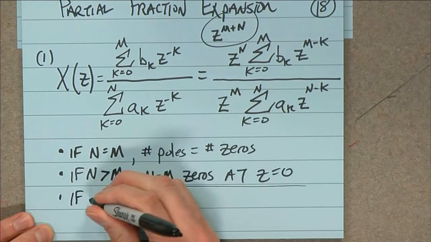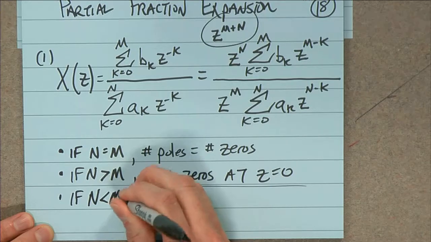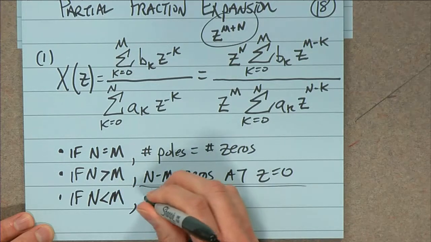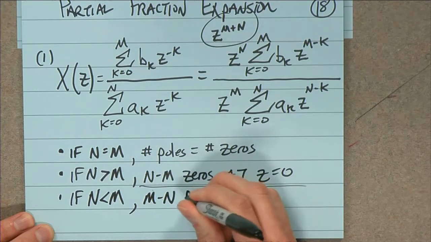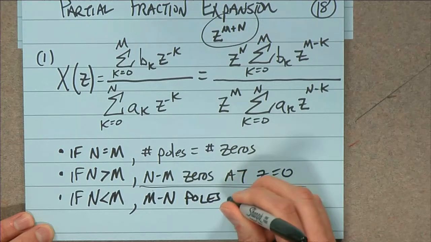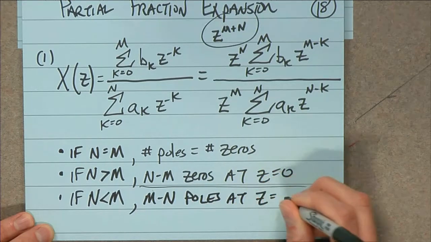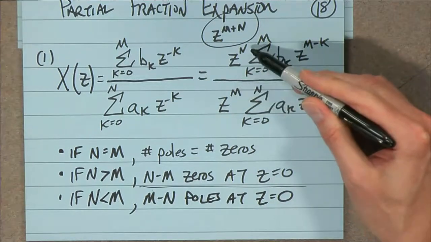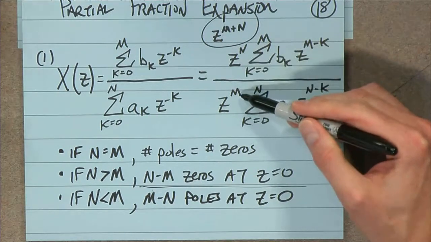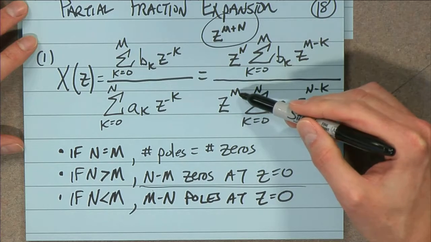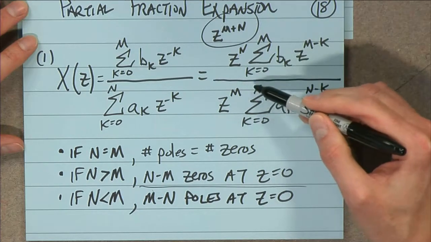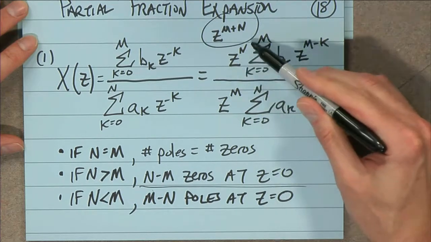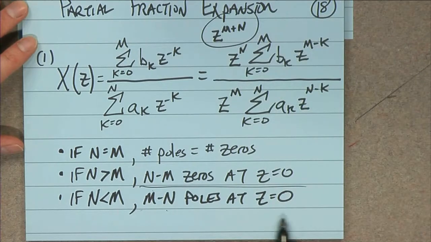We can also go backwards here. If n is less than m, then we'll end up with m minus n poles at z equals 0. And that's clear because if m is greater than n, well, just combine these together and have this z to the minus n. And this goes away, so you have m minus n poles.